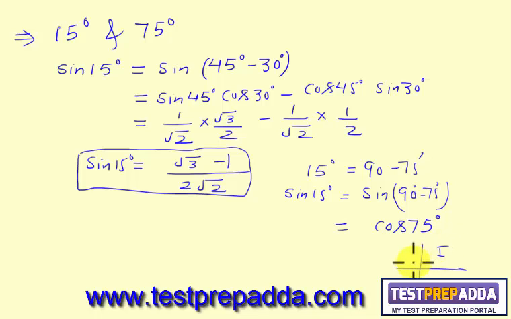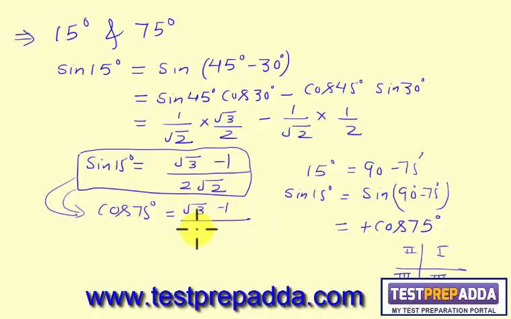In the first quadrant all trigonometric ratios are positive, and 90 minus theta will lie in the first quadrant. That is why it will be cos 75. So the value of cos 75 degree is root 3 minus 1 upon 2 root 2. Cos 75 degree and sin 15 degree are both the same.